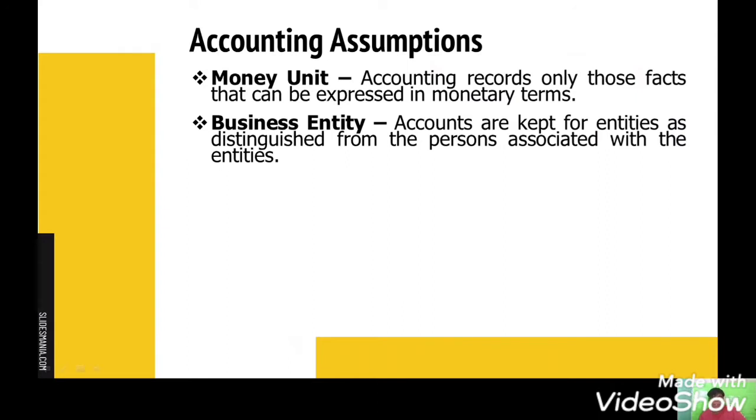This means you have a separate personality from the business, from the owners. So the business as an entity can acquire properties in its own name, and it can be sued or it can sue.